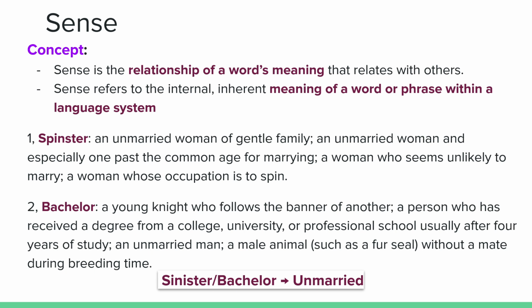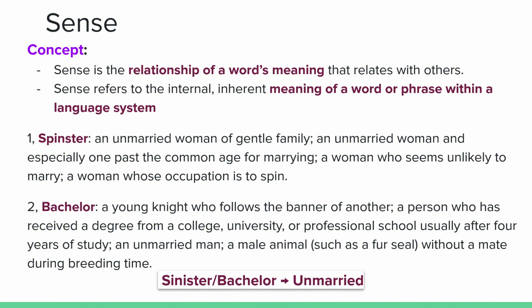And the word bachelor is defined as a young knight who follows the banner of another, a person who has received a degree from a college, university, or professional school, usually after 4 years of study, an unmarried man, a male animal, such as a fur seal, without a mate during breeding time.